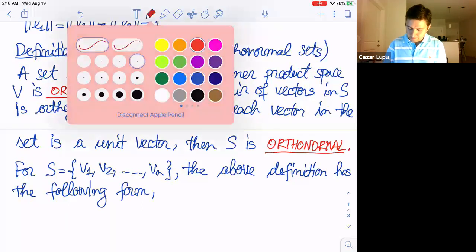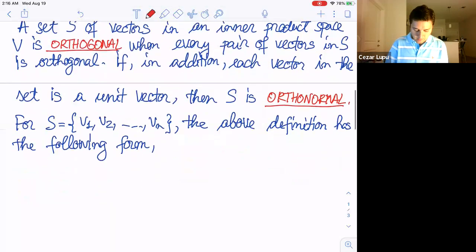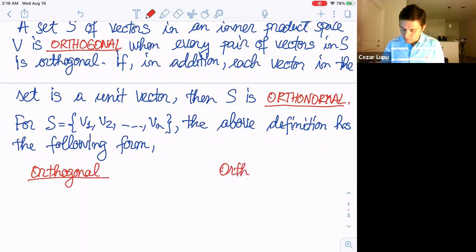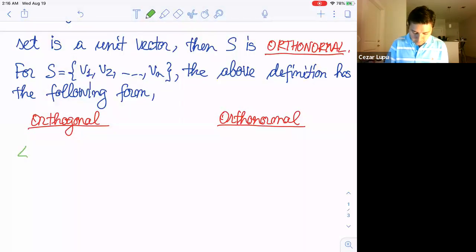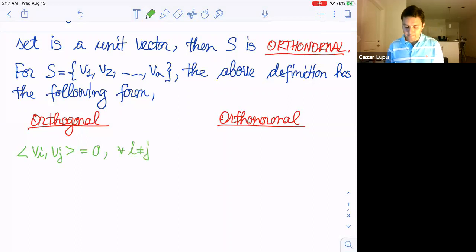Orthogonal means that the inner product between Vi and Vj is 0 for all i different than j, right?